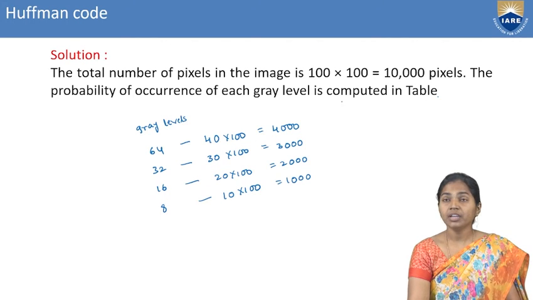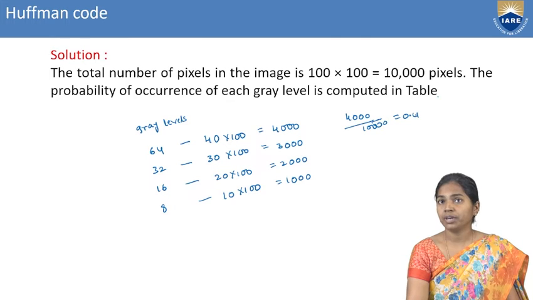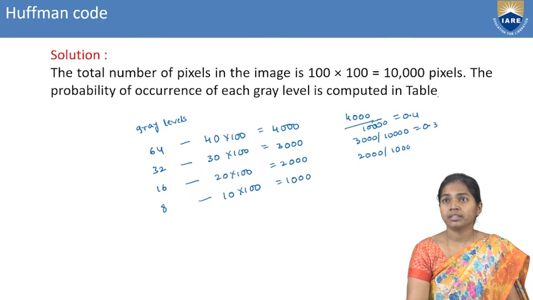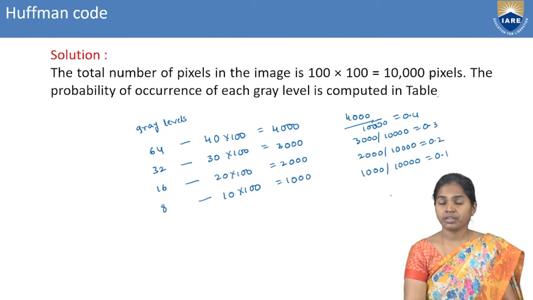The total number of pixels is 10,000. Then 4,000 divided by 10,000 equals 0.4, which is the probability of occurrence. 3,000 by 10,000 is 0.3. 2,000 divided by 10,000 is 0.2. 1,000 divided by 10,000 is 0.1.